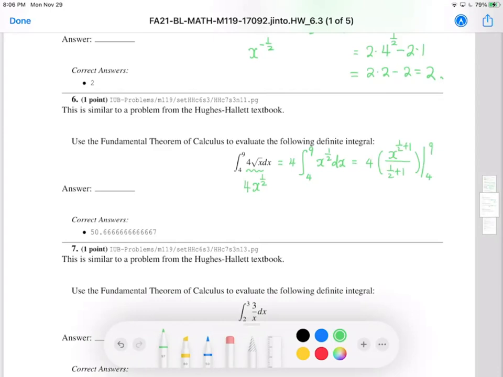Simplifying, the denominator is 3 over 2, so flipped it is 2 over 3 times x to the 3 over 2, from 4 to 9.